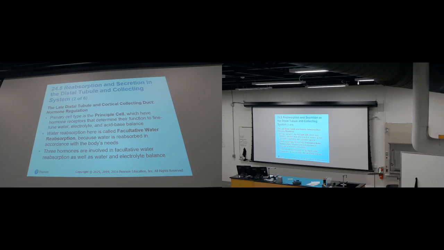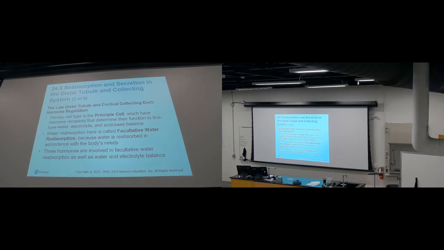So something that we have in the distal tubule and in the cortical part of the collecting ducts is hormone receptors for aldosterone and ADH. And with these, we can absorb more water if it's needed, like when someone is dehydrating or when someone has a hemorrhage.